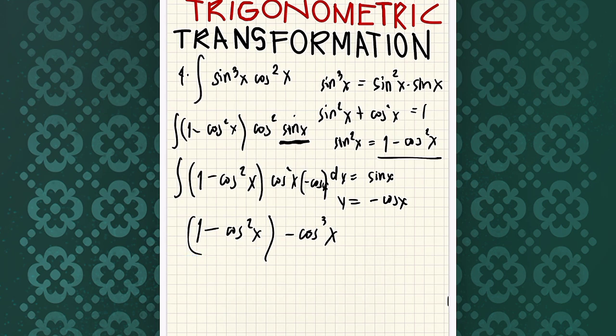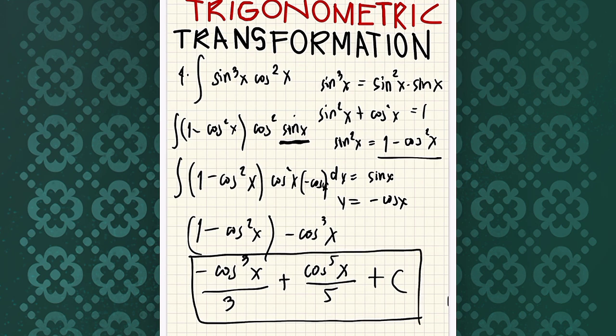So negative cos cube x, so there's exponent, so over 3 plus, because negative times negative becomes positive, cos squared x multiplied by negative cos cube x can give us cos x over 5, because it has exponent of 5, plus c. So this will be now our final answer. So this is just my technique that I saw on YouTube.